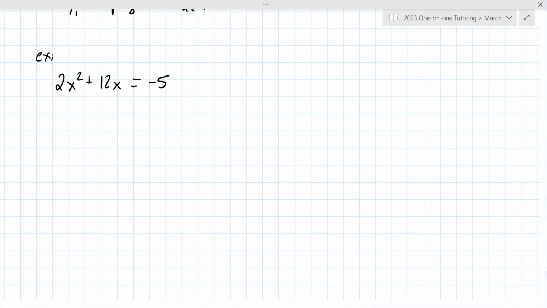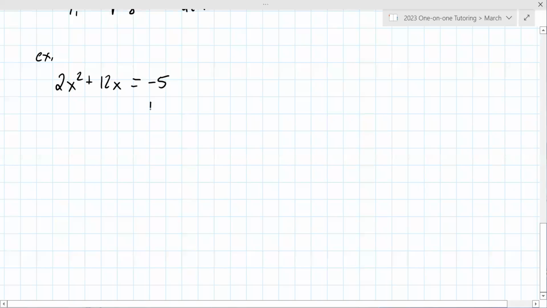All right, we're going to add 5 to both sides, making this 2x squared plus 12x plus 5 equals 0. Is that okay?